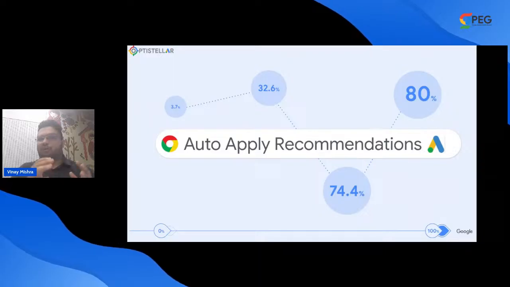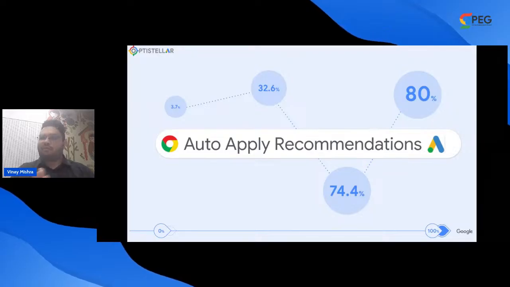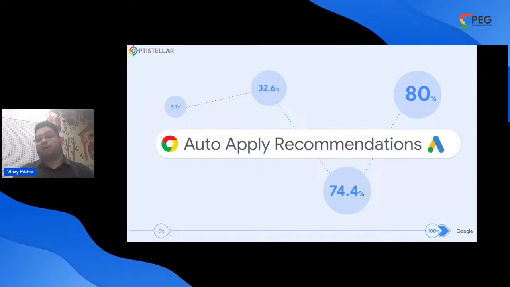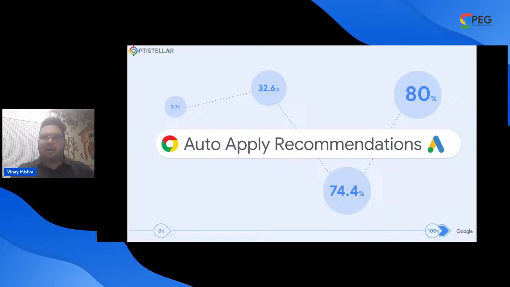That's how the recommendations are always shared. Now that we have understood how recommendations are suggested to your account, let's talk about auto apply recommendations and why they are a crucial part in easing your day-to-day business life.